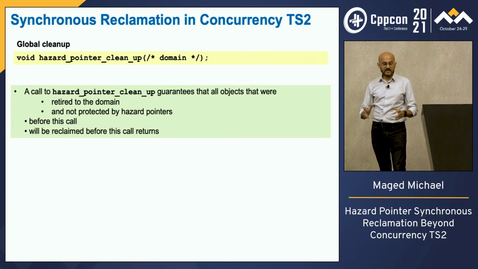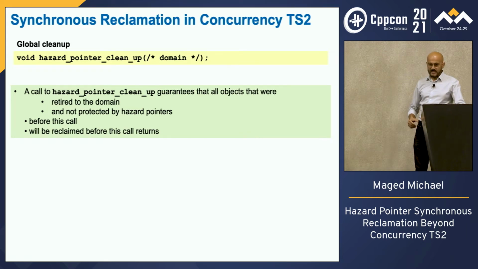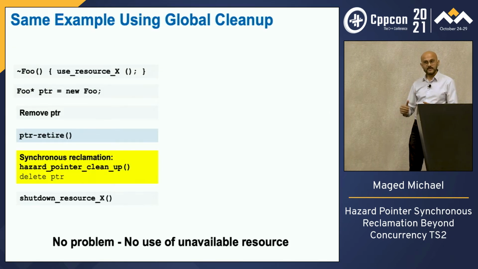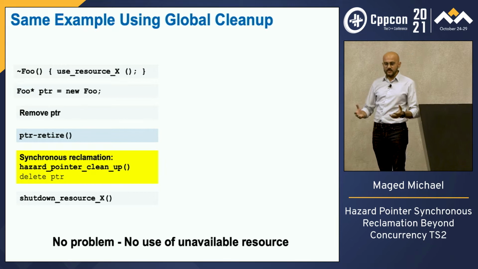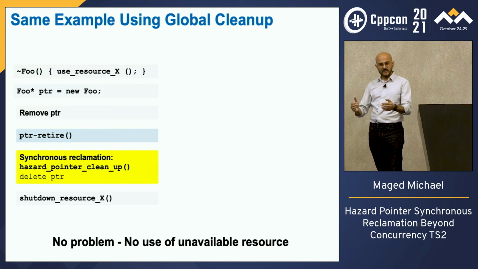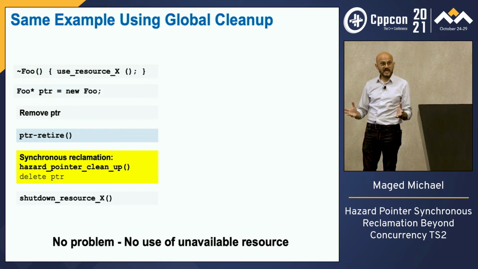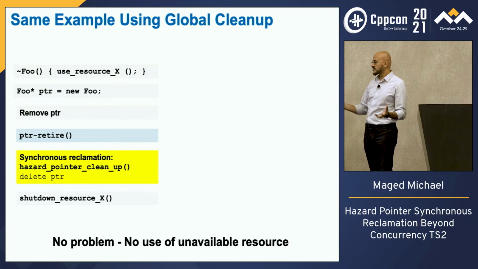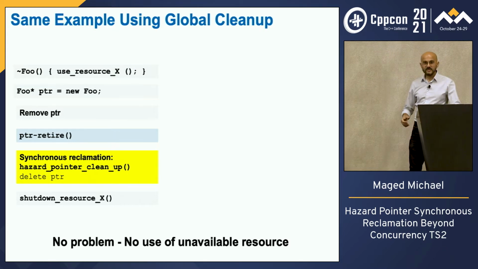So it's quite a strong guarantee. Let's look at how it can be used for our example. Going back to our example, we retired the object, but now we know that we need synchronous reclamation, so we call hazard pointer cleanup. Because it's not protected, it deletes the object and no harm is done. So it works, but let's look more into this.